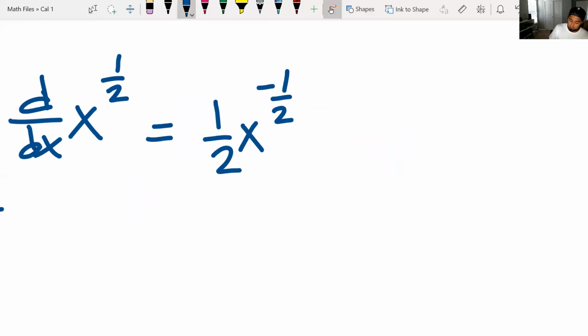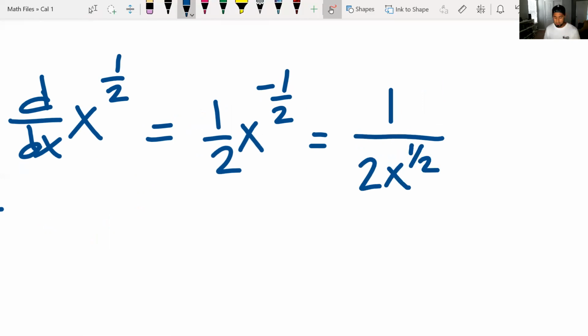So we bring in the negative exponent rule, and this becomes 1 over 2x to the positive 1/2. And one more rewrite. So we're going to do the rational exponent rule.